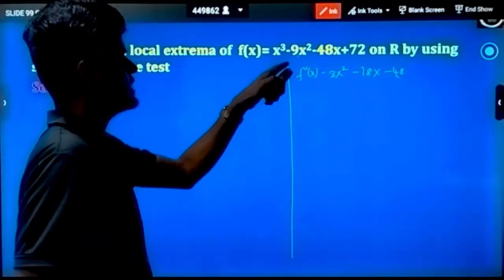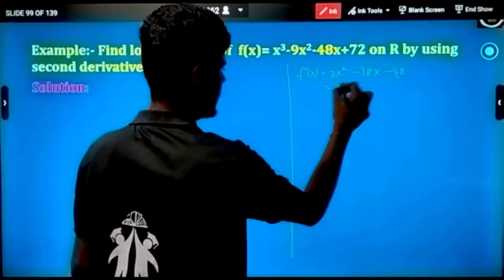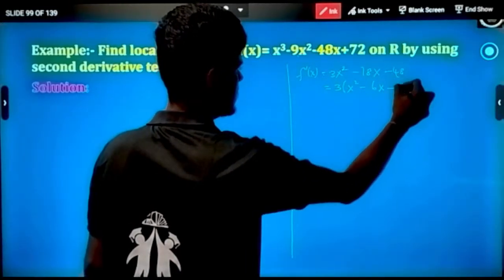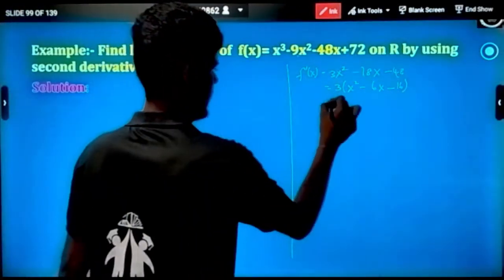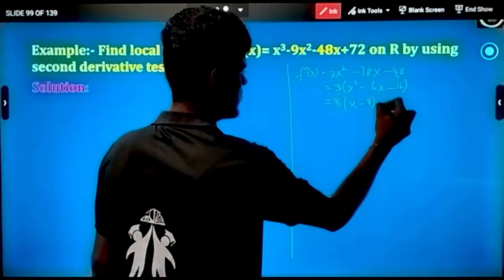Now this is 3 times of x square minus 6x minus 16. Again we can write this as 3 times of x minus 8 into x plus 2.